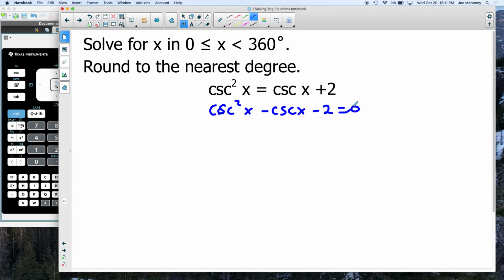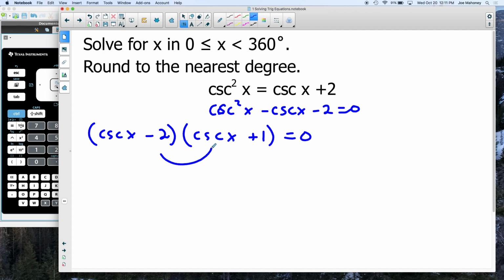So let's do our factoring. I'm going to get cosecant x, probably minus 2, and then cosecant x plus 1. If I check that real quick, the negative 2 times 1 is negative 2. And this gives me a negative 2 cosecant x and a positive 1 cosecant x.